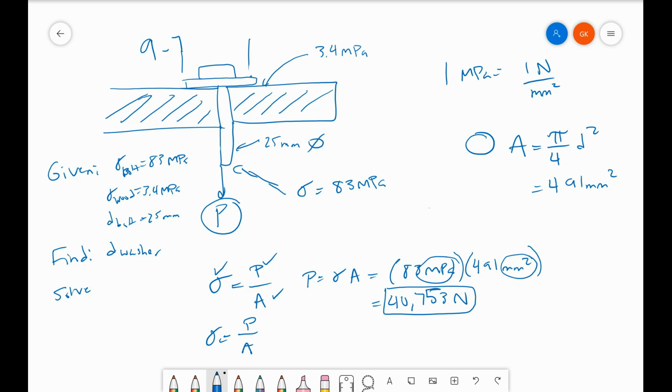If I solve this for the area this time, multiplying both sides by area and dividing by the stress, the area is equal to the load divided by the stress, which is 40,753 newtons divided by 3.4 megapascals. If I calculate that, it comes out to be 11,986 millimeters squared.